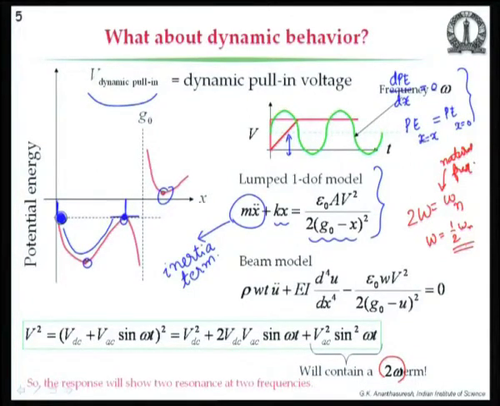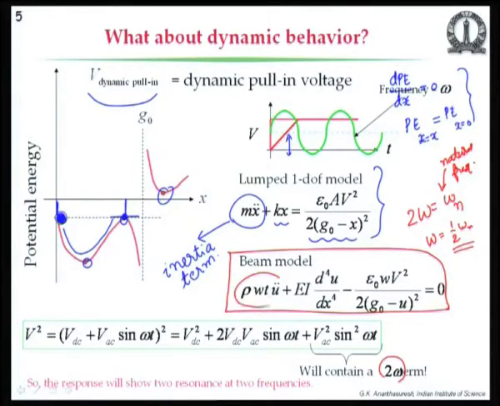Now, here is another equation that we should pay attention to, because we had discussed, apart from lumped modeling, what if we take a distributed model such as a beam model. So, here earlier we did not have this term, this is a new term which is the inertia term. Inertia term is simply m x double dot. In the case of a beam, if u is the transverse deflection, which is a function of x, the axial distance, that is u of x.